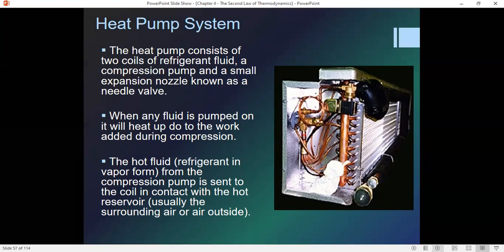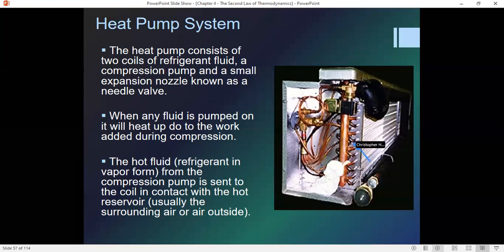So here is the inside of a refrigeration system. This is something that you might find on a freezer. You might find something like this on a refrigerator. You might find it on an air conditioner. And you see a lot of copper piping here. And that's where the refrigerant is going to flow through.